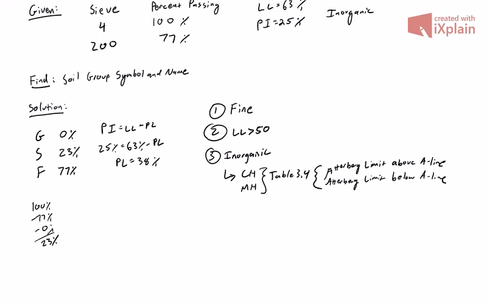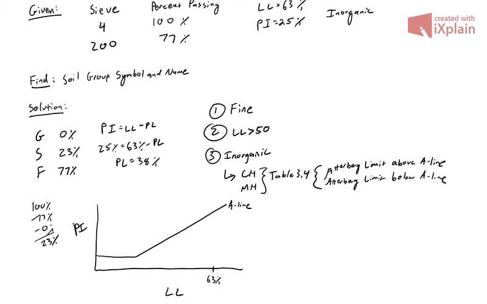All right, so if we look at our A-line chart, we go ahead and plot our point. We have 63% as our liquid limit, and we have 25% as our plasticity index. Plot that point on the graph, and we see that that point is below the A-line. So we are Atterberg limit below the A-line.